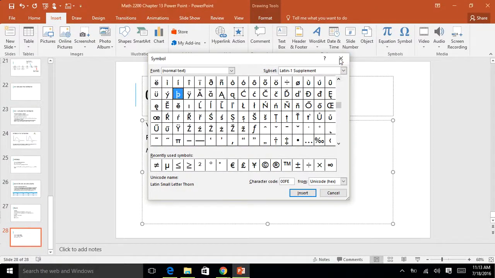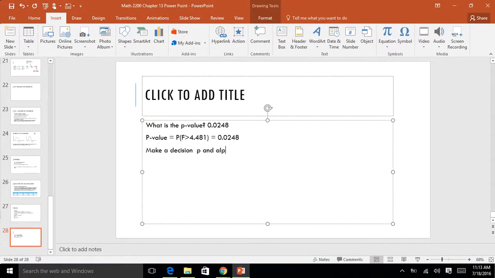Okay, I'm just going to write it out so we don't waste time. Alpha. Remember, that's the little fish sign. Okay. So what was my P? My P was 0.0248, and my alpha was 0.05. Okay, so since this is less than this, I will reject the null.